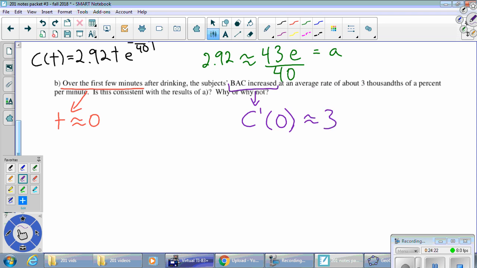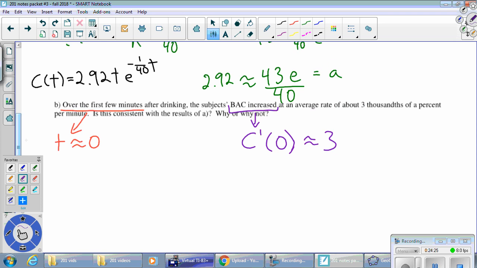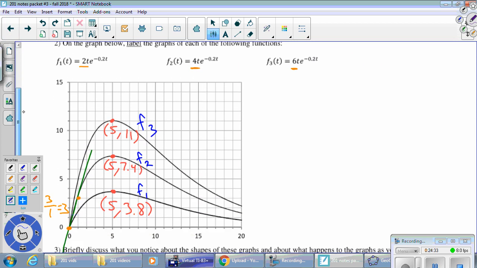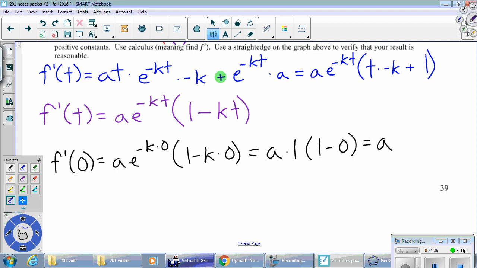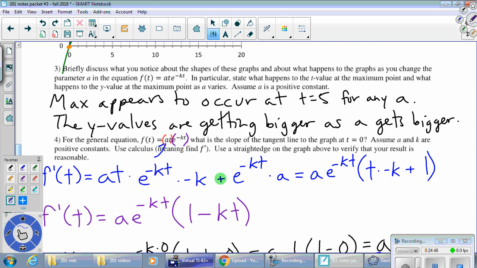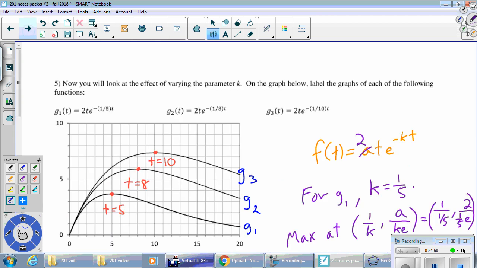Well, is that true for the particular function that we came up with? We haven't calculated C prime of 0 yet for this thing. But actually, we did this in general early in this group of exercises. Way down here, we found that f prime of 0 is A, always the number in the front. A, remember, was this number right here. So f prime of 0 is automatically whatever is sitting in the front of this whole thing.